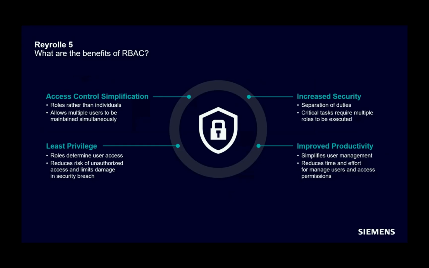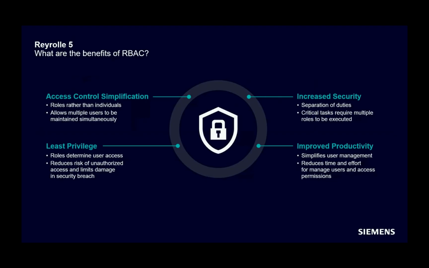So we've already seen that access control is part of our organizational readiness against cybersecurity threats, controlling who and what can access your systems and data. But what are the benefits of role-based access control? Access control decisions are simplified by basing them on roles rather than individuals.